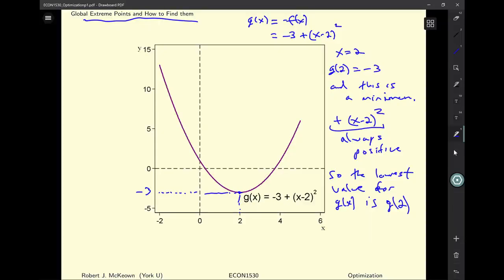Now, is there a maximum? Similar to the previous one, no. There is no maximum.